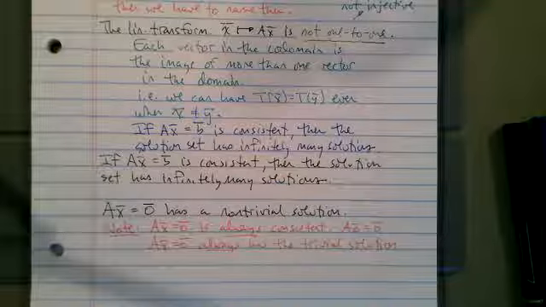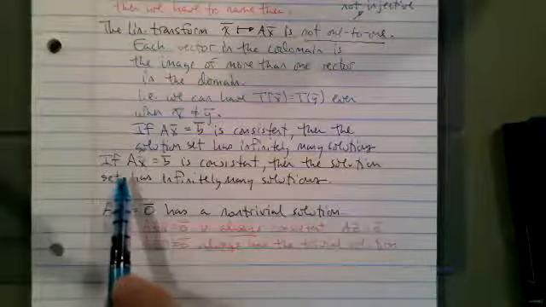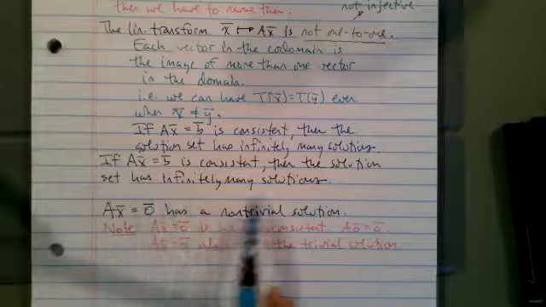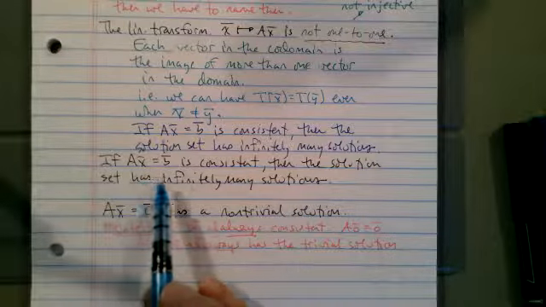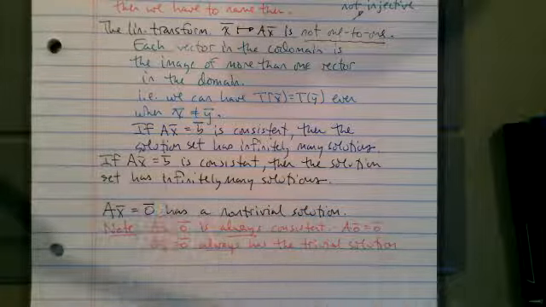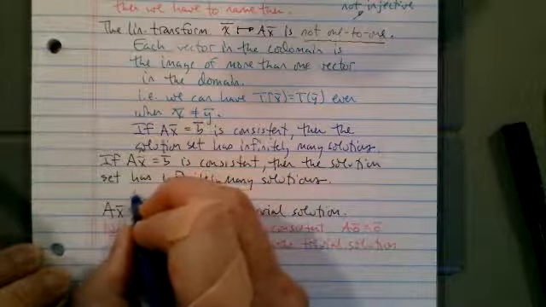All right, so let's see. We can also say if Ax equals b is consistent, then the solution set has infinitely many solutions. If Ax equals b is consistent, then the solution set has free variables. We can also say it that way. But we also always have to qualify it.